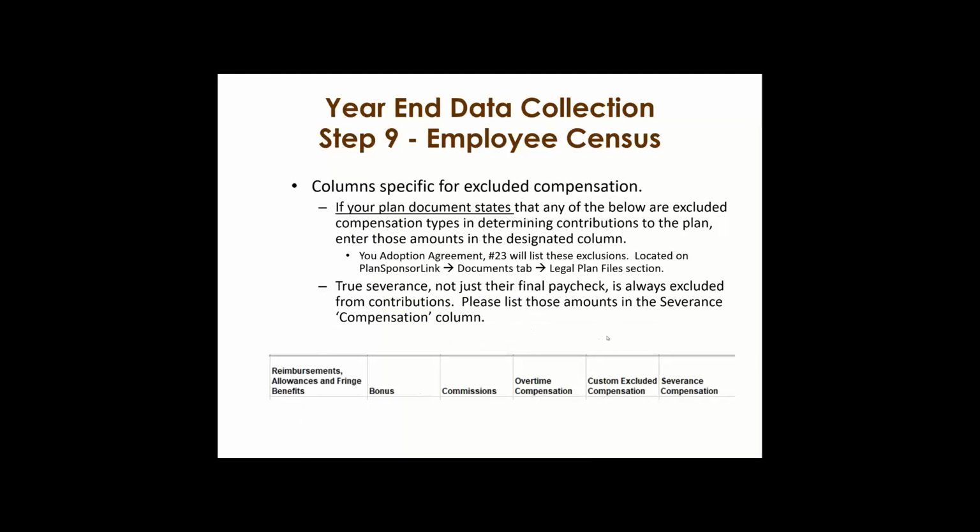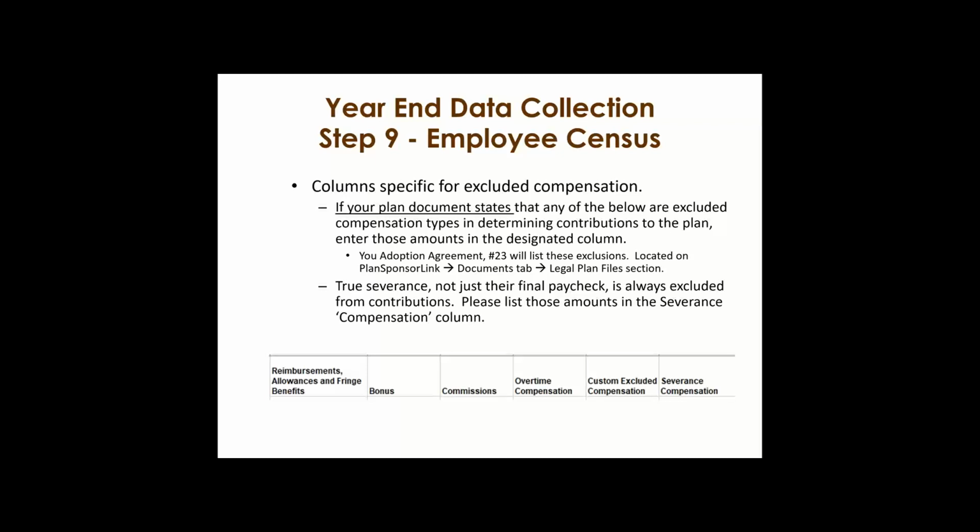And speaking of compensation, I don't have a picture here, but there are 3 columns of actual compensation data that we are requesting. One is plan compensation, one is gross compensation, and one is W-2 box 1. W-2 box 1 is self-explanatory. You get that off the W-2 that your CPA or whomever creates. Gross compensation is generally box 5 of your W-2 plus any pre-tax employee contributions to a health savings plan or medical insurance premiums plan that your employees can contribute to.